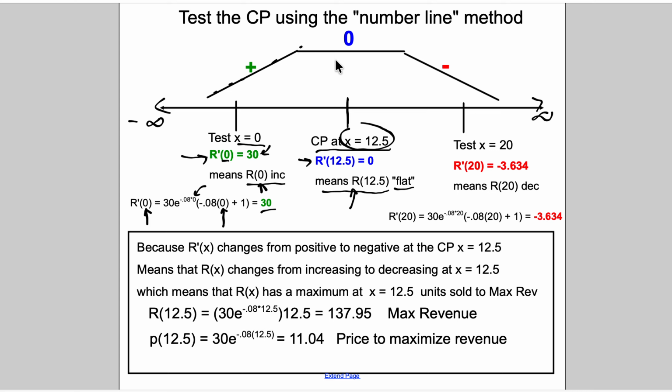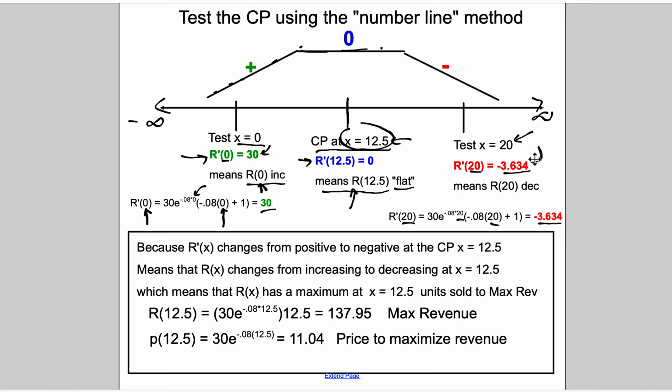Increasing, flat, and then I want to take a test point of x greater than 12.5. So I just picked x equals 20. I'm going to input 20 into my derivative or my marginal revenue function, r prime of 20. I put in 20 everywhere there is an x, and I get negative 3.634.